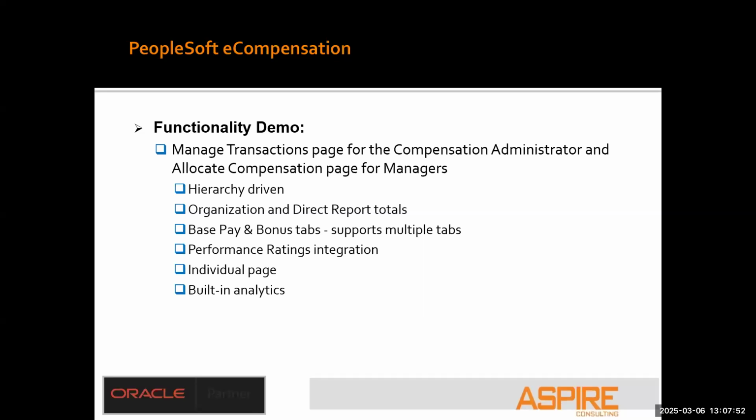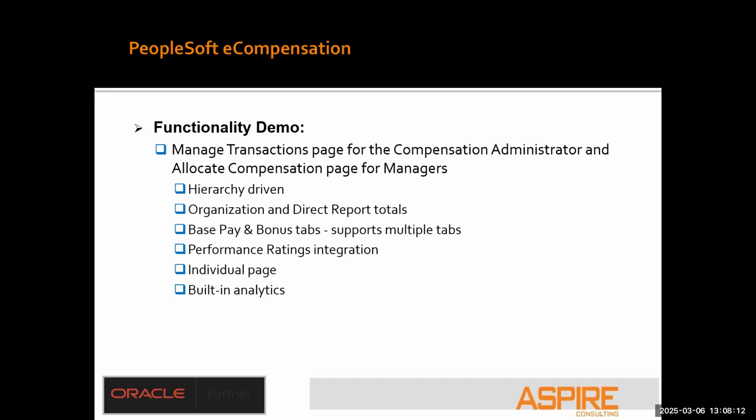It has organization and direct report totals, provides tabs for doing planning for base pay as well as bonus payments, and has performance ratings integration.